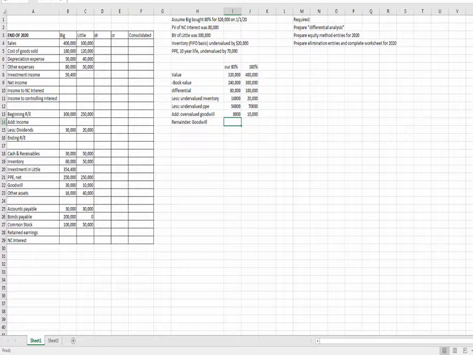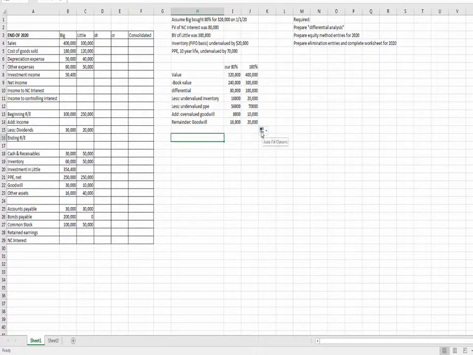And you need to be a little bit careful here because we have two subtractions plus one addition. So for the total, it's going to be the differential minus the portion that was explained by the inventory, minus the portion that was explained by the property, plant, equipment, plus the overvalued goodwill. And our share of that would be 80%, or $16,000.